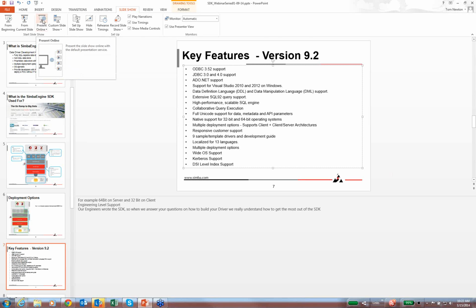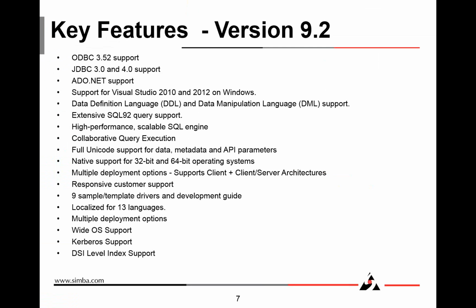The engine actually will support more than what the BI tools can support. So that's usually what happens: you only want to put as much of the SQL 92 features in there that the BI tools are actually going to take advantage of.